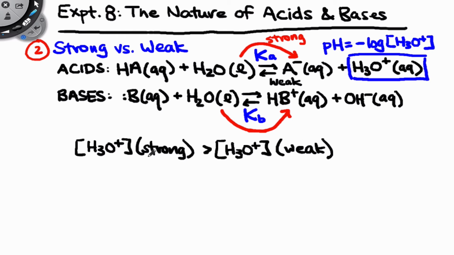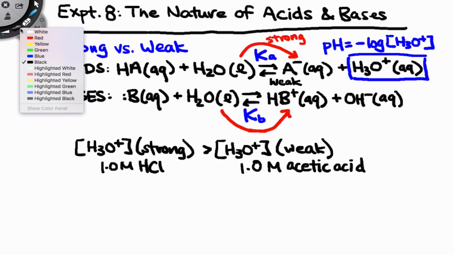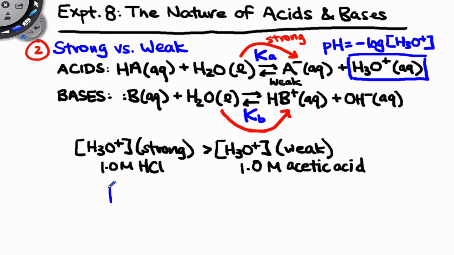For example, if I started with 1 molar HCl, 1 mole per liter, and compared that to a solution of 1 molar acetic acid, HCl is a strong acid and acetic acid a weak acid, so HCl is going to have a larger hydronium ion concentration. Because of the negative sign in the definition of pH, the pH of the HCl solution is going to be less than the pH of the acetic acid solution.